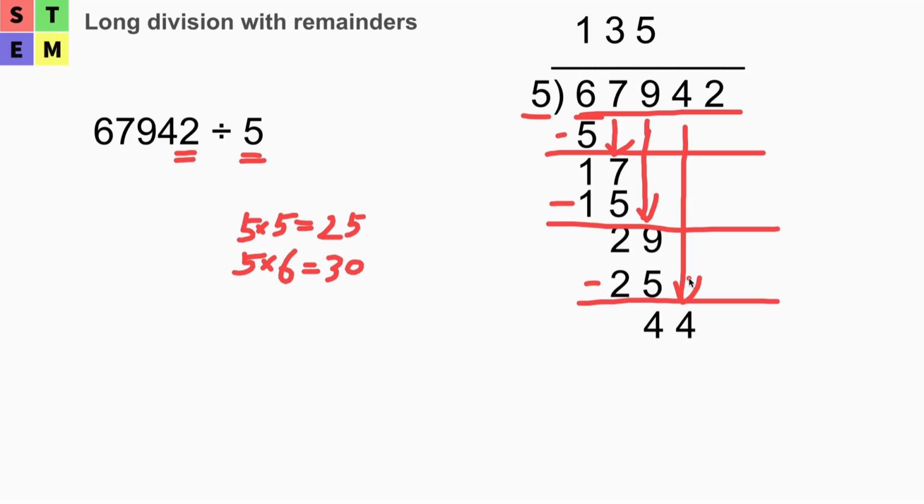So we got 44. So how many 5s go into 44? You can go down, right? So 5 times 6 equals 30, and 5 times 7 equals what? 35.